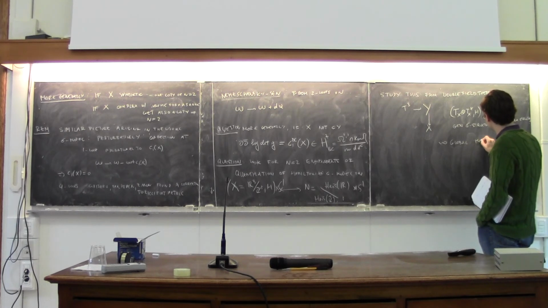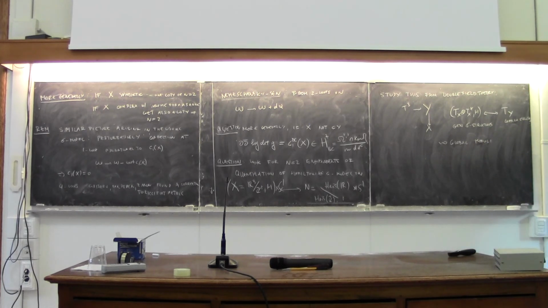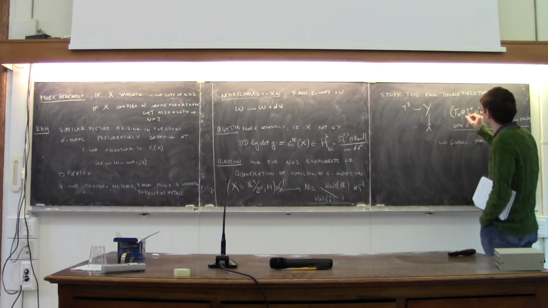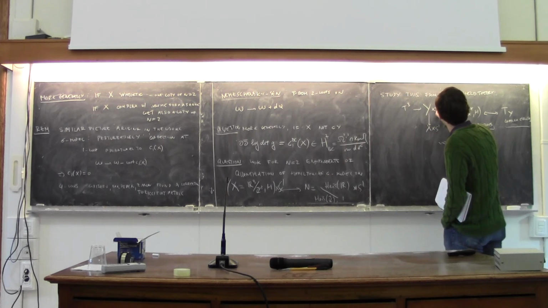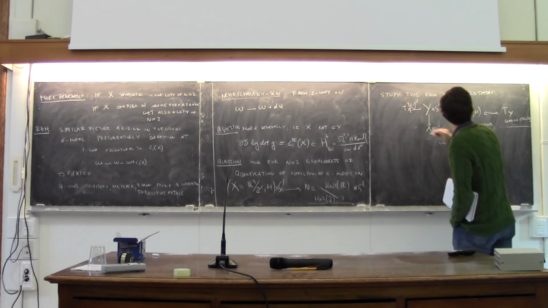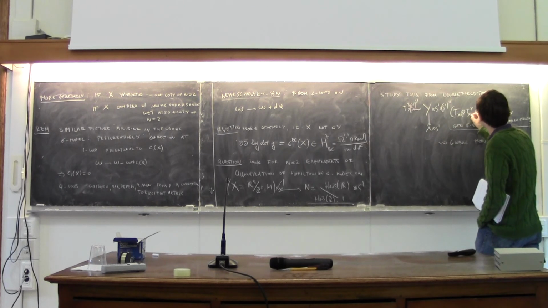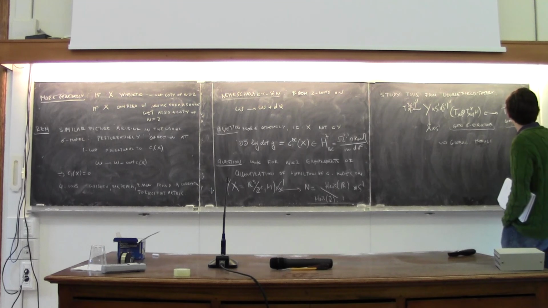Global moduli. Because thinking about global moduli spaces of generalized complex structures is not something that has been studied a lot. But here, this was process 1, and this is process 1 dual.